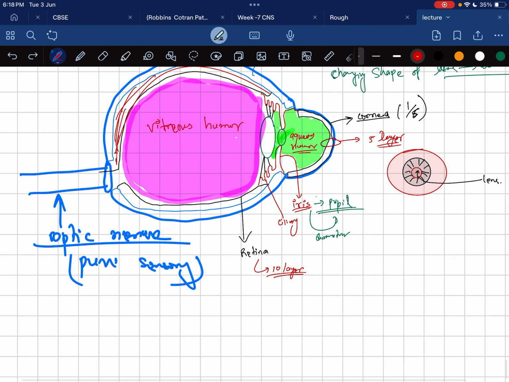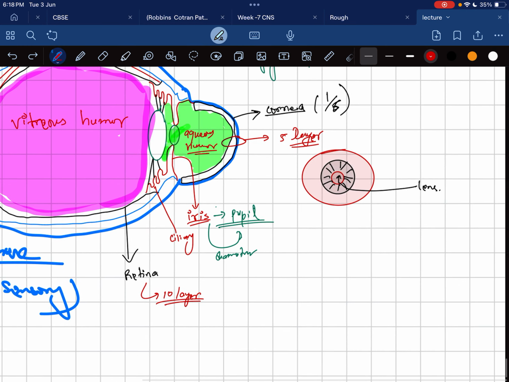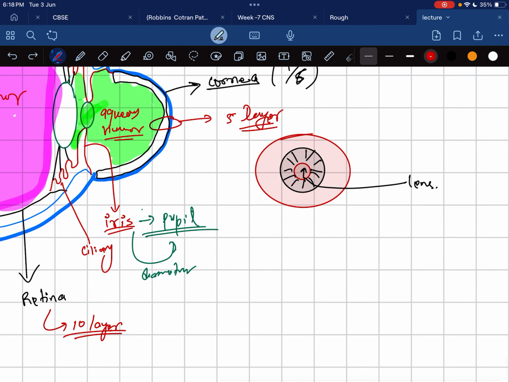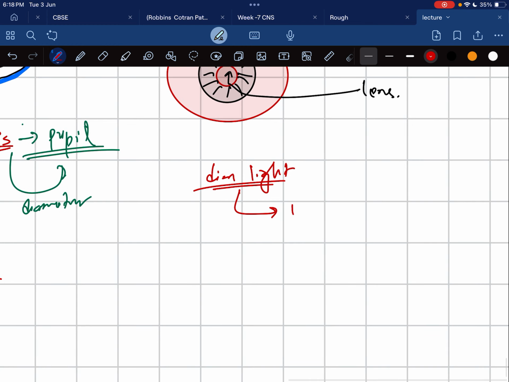There is also the pupillary reflex. At night or in dim light there is a wider pupil, which increases the diameter of the pupil.